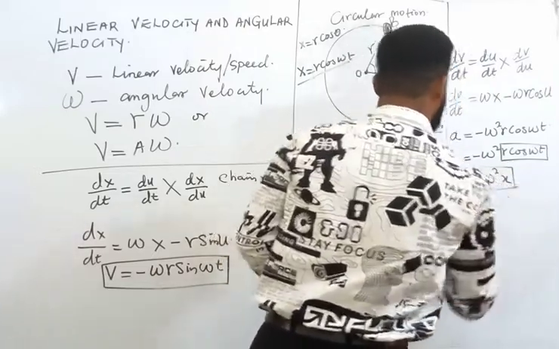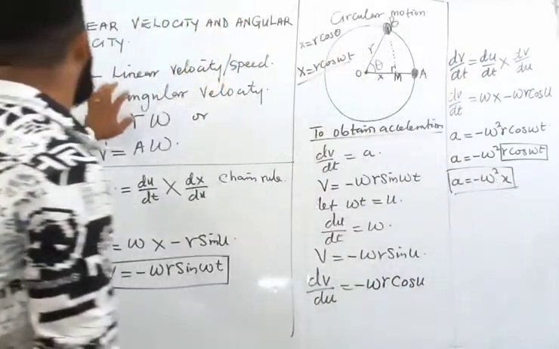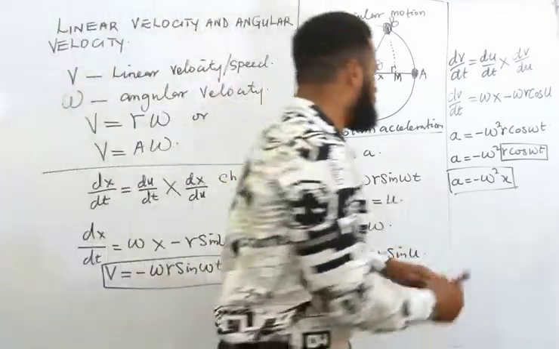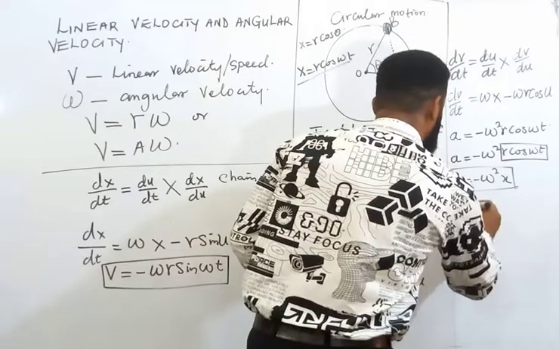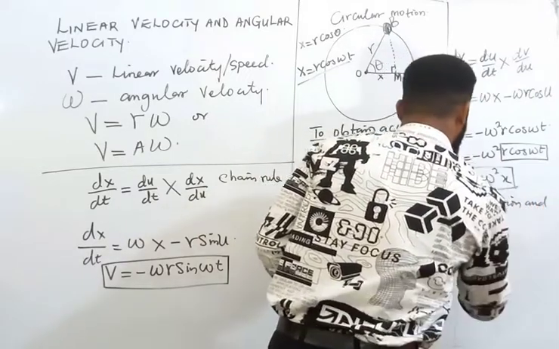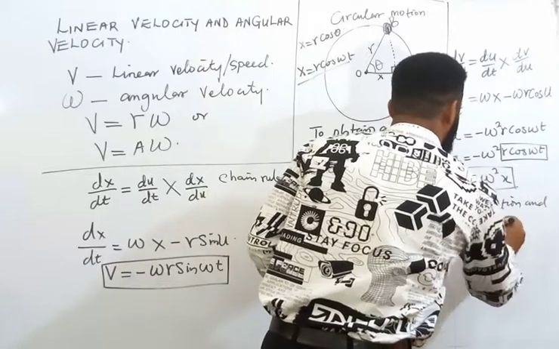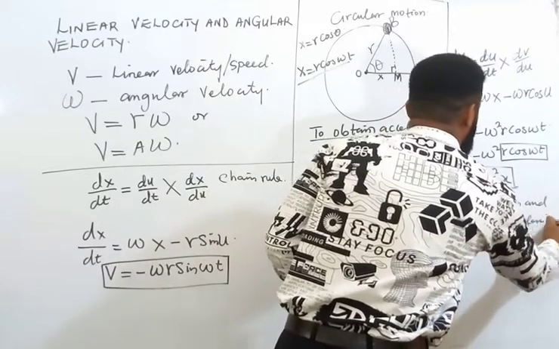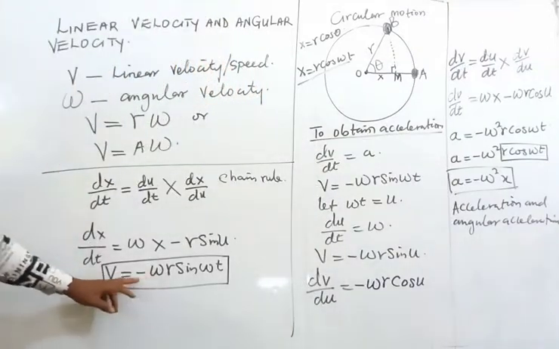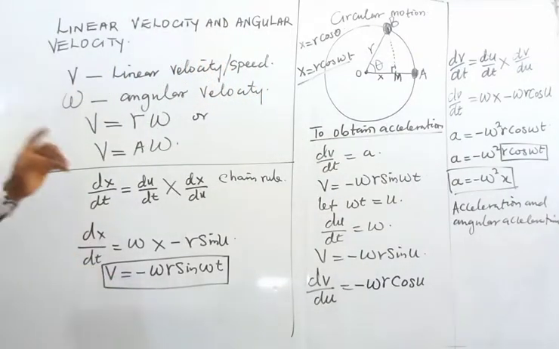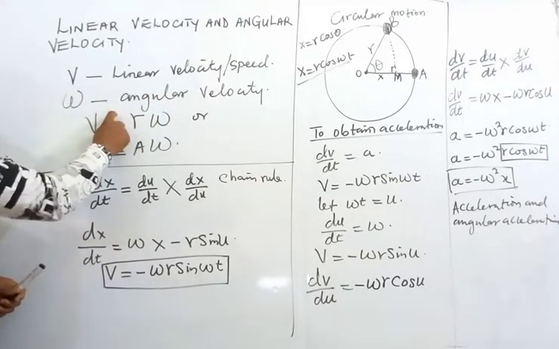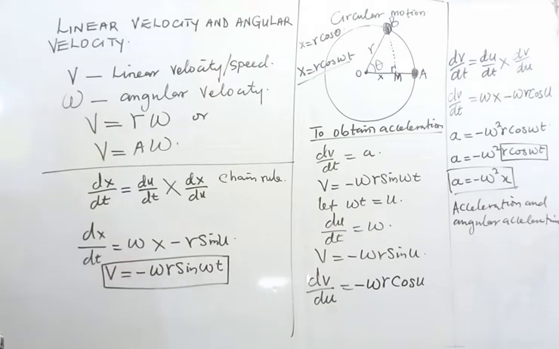This is an expression for acceleration and angular acceleration. This can be given as a function for the linear velocity and angular velocity, which is also this function. This and this are of the same function.